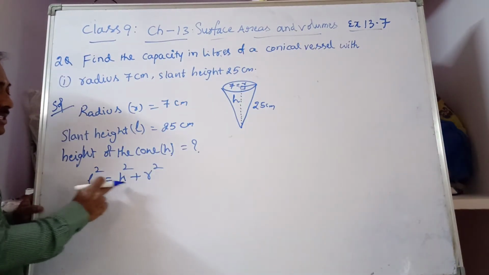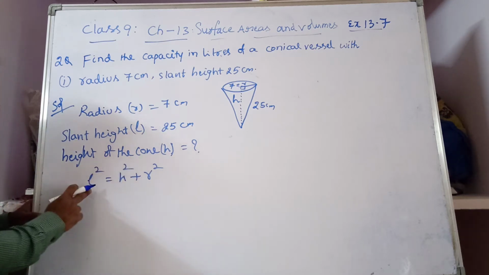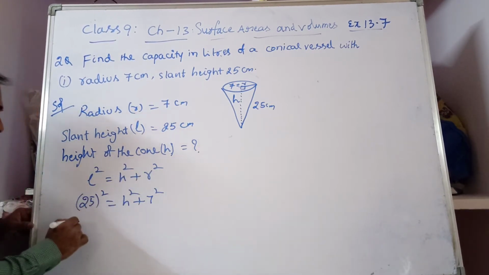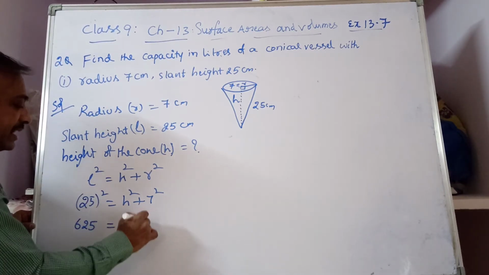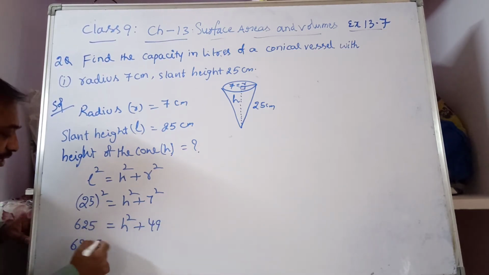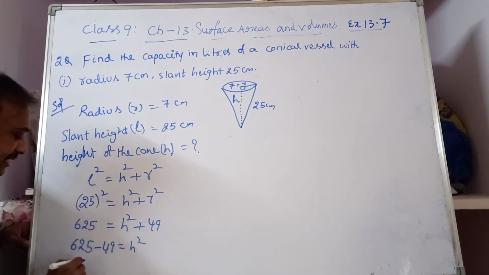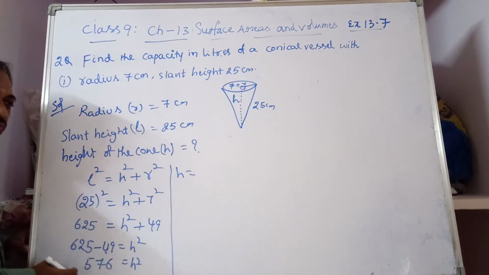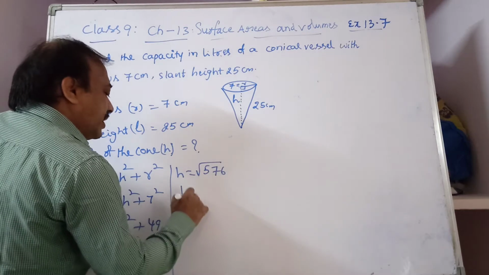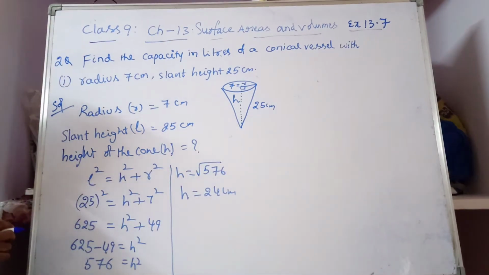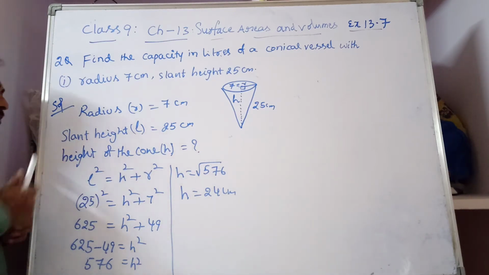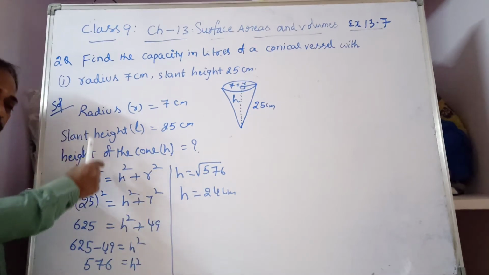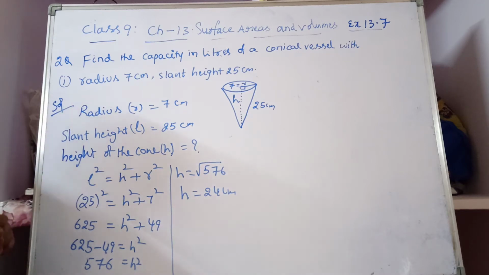The L value is 25, so 25 square is equal to h square plus 7 square. 625 is equal to h square plus 49. Transposing 49 to this side, 625 minus 49 is equal to h square, that is 576 is equal to h square. So h is equal to root of 576, therefore h is equal to 24 centimeters. The height of the cone is 24 centimeters. We applied the formula L square is equal to h square plus r square, put in the values and got the height of the cone.